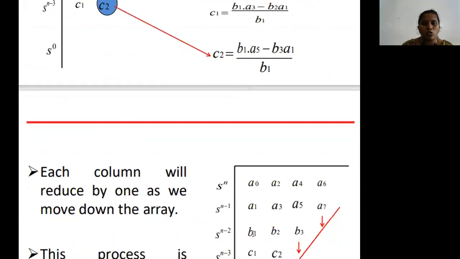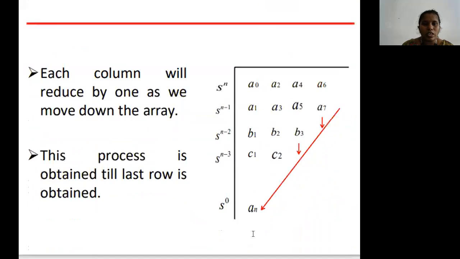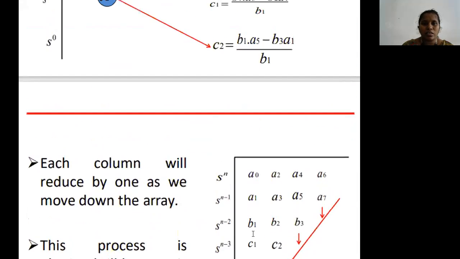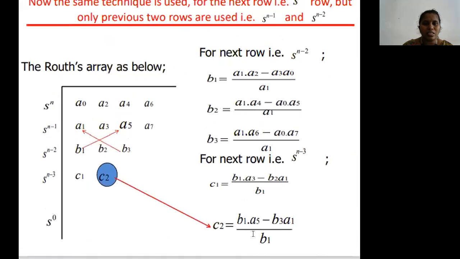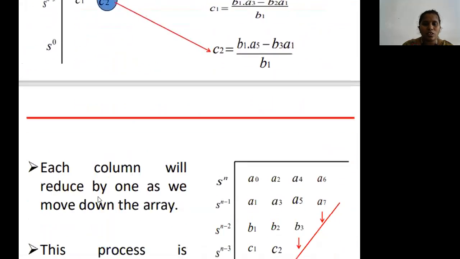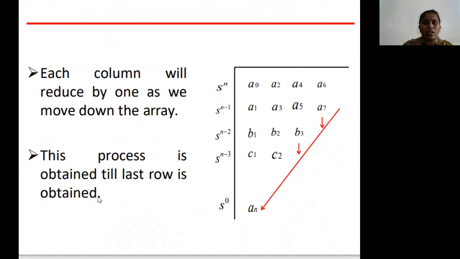Coming to the column values, each row reduces by one element as we move down the array. If you see this array, there exist 4 values, after that 3, after that 2, right? So like that the number of values is reducing. And the process continues till the last row is obtained.